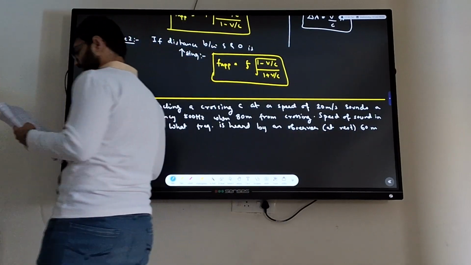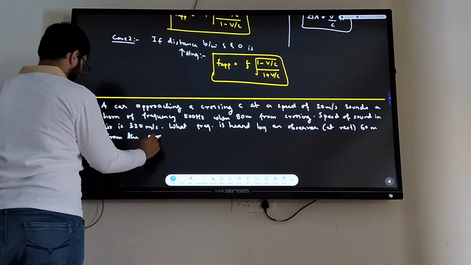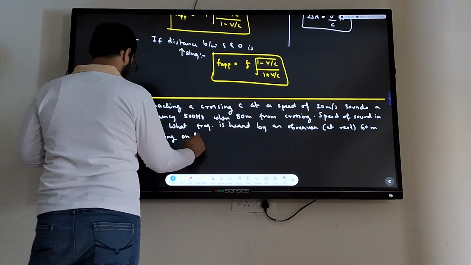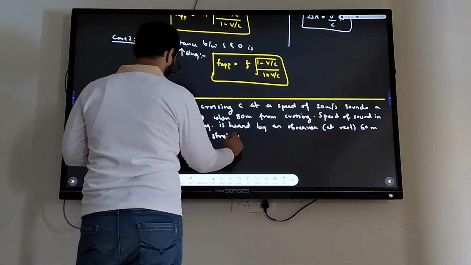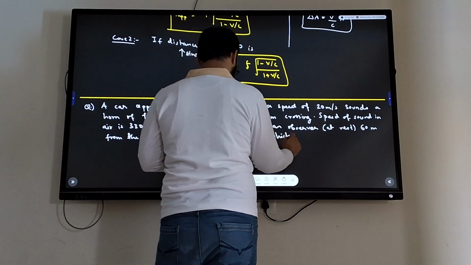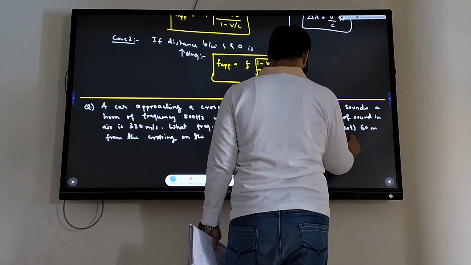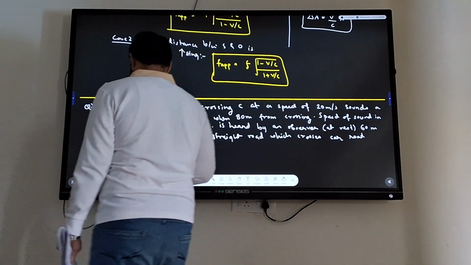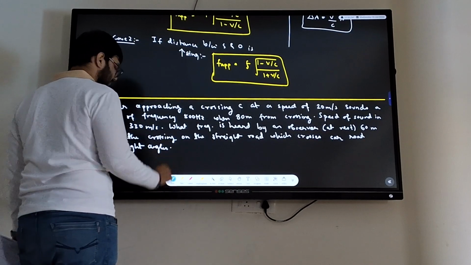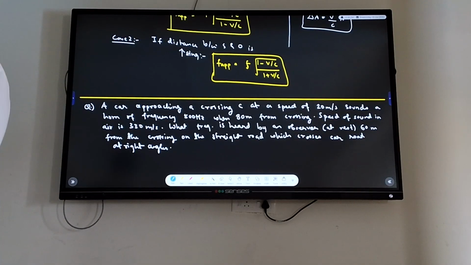Write this question, okay? Attempt, make your own diagram, and then attempt the question. I will start in 3 minutes.